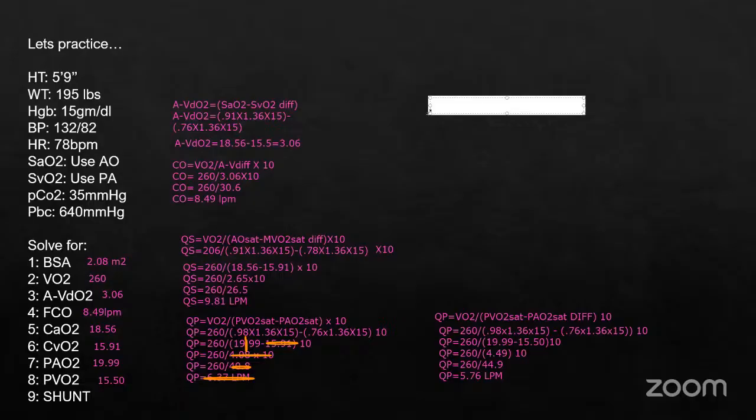Mine is on chapter 4. Okay, so to investigate which way my shunt goes, now I need to know my formula, which is QP over QS.